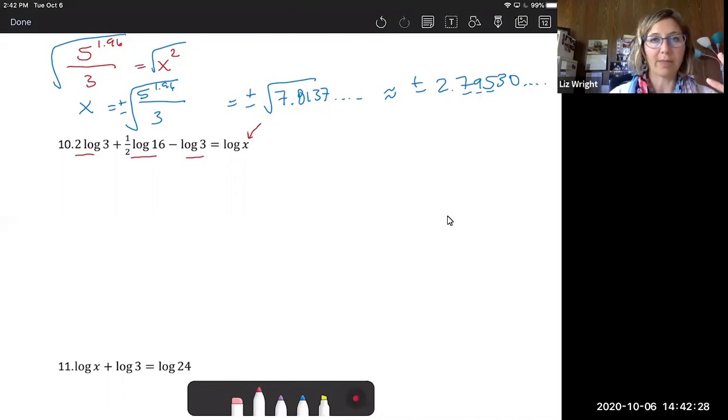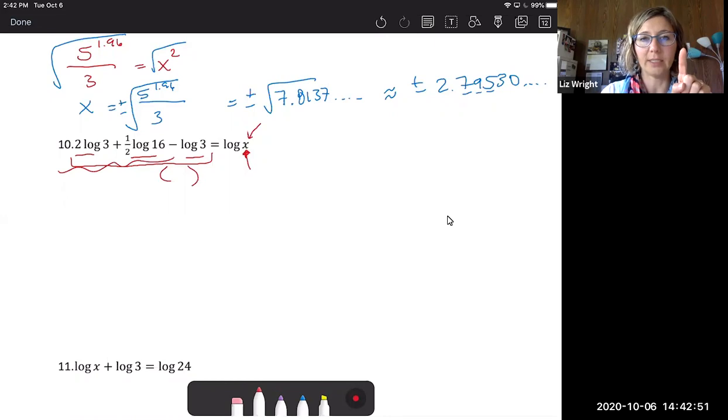So here's our general method that we're going to do for this type of problem. What I want you to do is to condense, use your properties of logs to condense this left-hand side. And once we get it into as condensed a form as possible, we're going to set the two arguments equal to each other, and x over here is going to equal the argument that we get this side all condensed to.